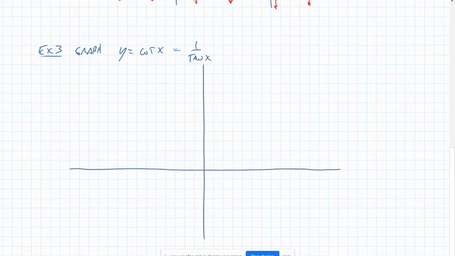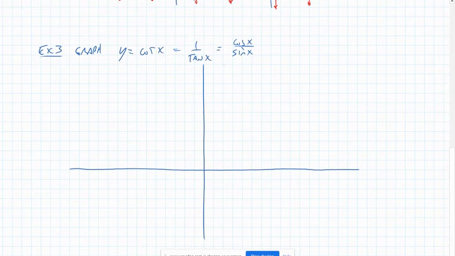And tangent is the quotient of sine over cosine, so that means cotangent would be cosine over sine. And so we can graph a tangent graph first.